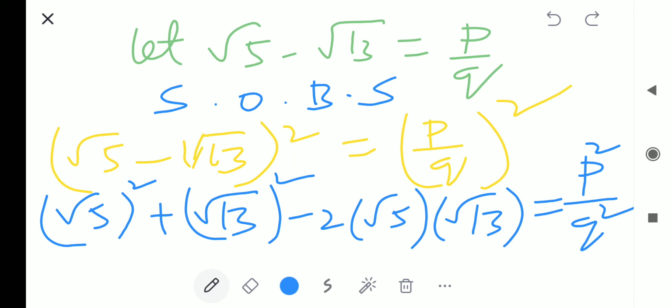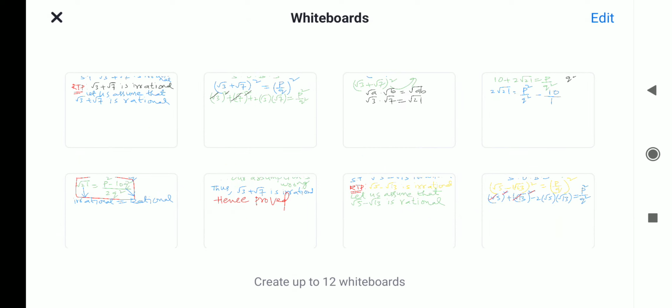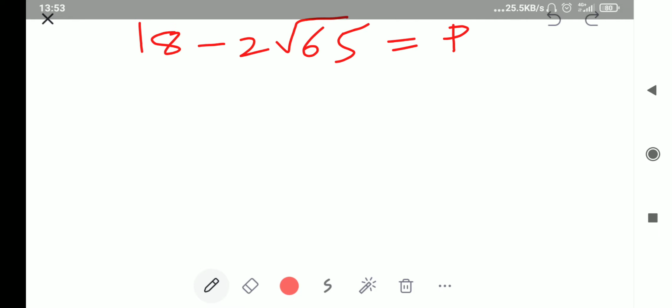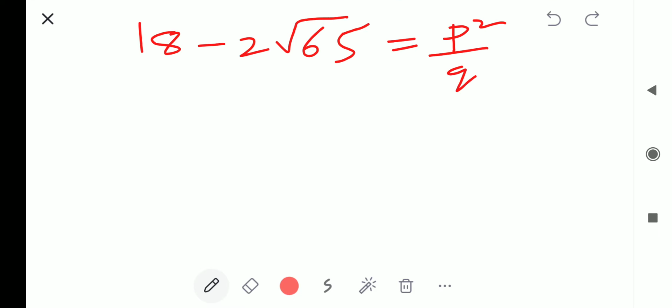Here square root cancel. The value of root 5 square is 5. Root 13 square is 13. I can write 5 plus 13, 18 plus 2. Root a into root b is root ab. So root 5 into root 13, root 65. Sorry, I think it is minus sign before this. Is equal to p square by q square.